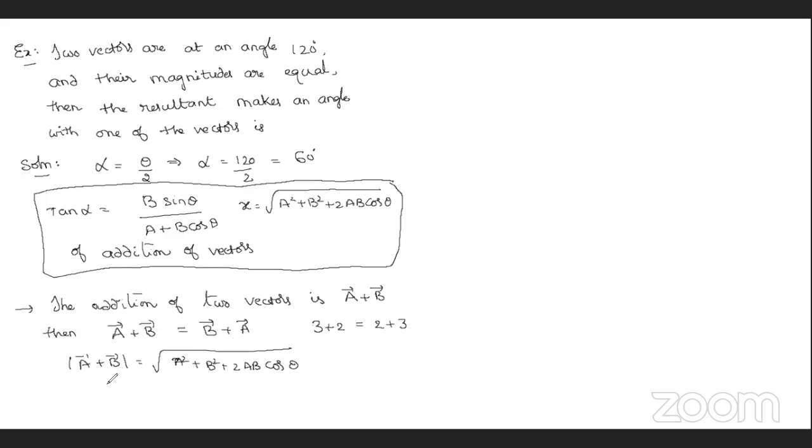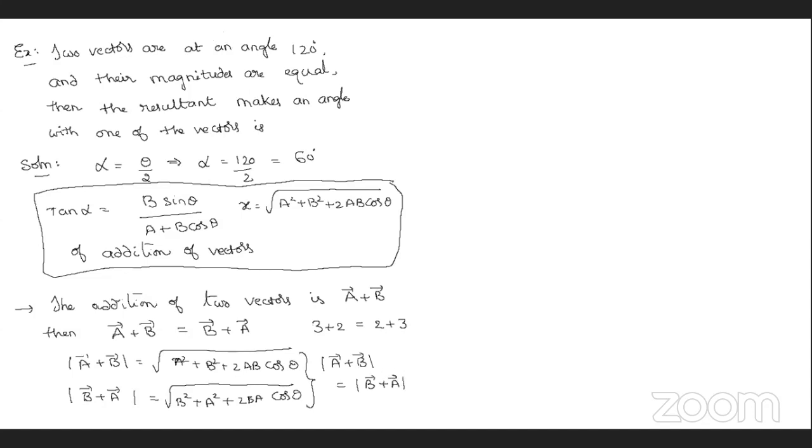In the same way, the magnitude of B bar plus A bar is root of B square plus A square plus 2BA cos theta. These two equations are equal according to mathematics. Anything wrong? No, sir. So the magnitude of A bar plus B bar equals the magnitude of B bar plus A bar.